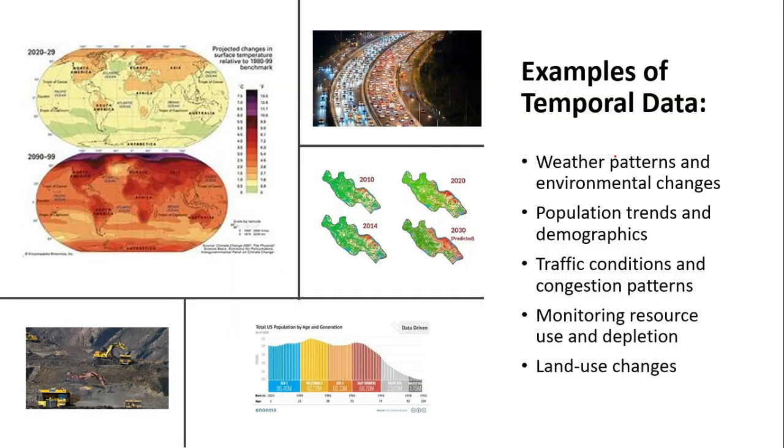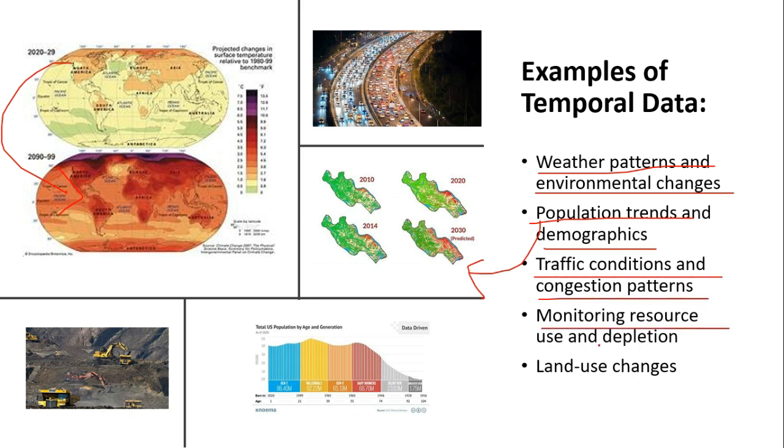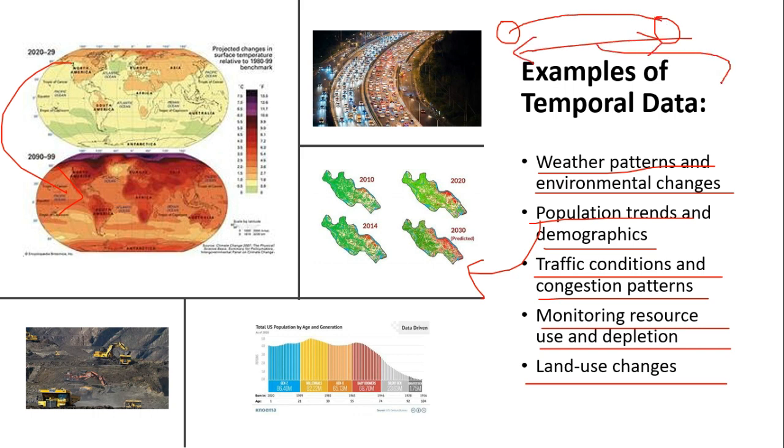For example, weather patterns and environmental changes over a 20 to 30 year span. Population trends and demography, how the population has increased within 30 years, traffic conditions and congestion patterns, monitoring resource use and depletion, land use changes over the years. When we compare two time periods to see how things have changed within that time span, the changes that happen fall under temporal data.